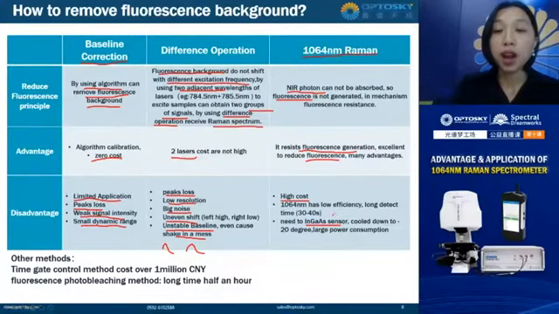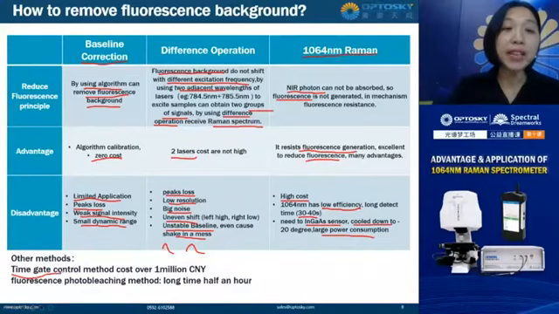They cost thousands of dollars, and also need to be cooled down to 20 degrees, and also generate large power consumption. 1064 nanometers Raman also has a low efficiency, so it takes a longer time to detect, about 30 to 40 seconds. And not to mention, we also have time gate control methods to remove the fluorescence background.